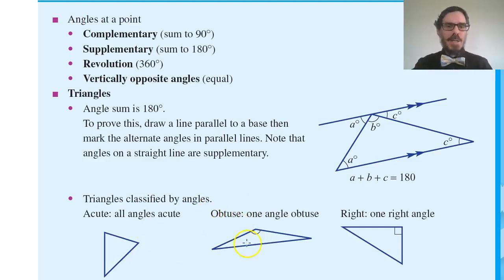And exactly in between those two, if there's a right angle in the triangle, then we call it a right triangle, sometimes a right-angled triangle. And of course, it's impossible to have more than 180 degrees in a triangle, so I can't have a reflex angle, and I can't have more than one obtuse angle, because that also would give me more than 180 degrees in total.